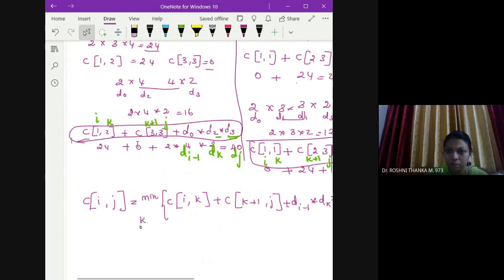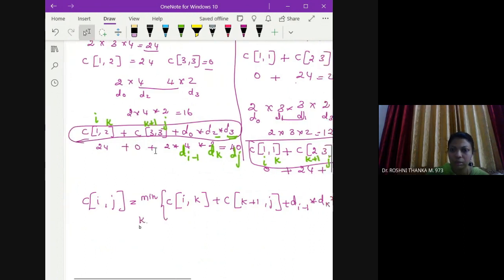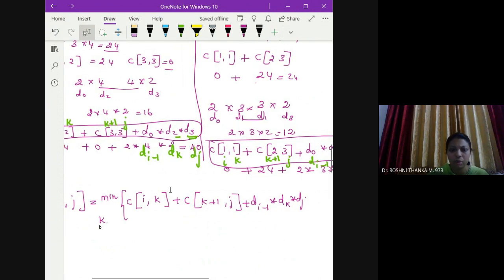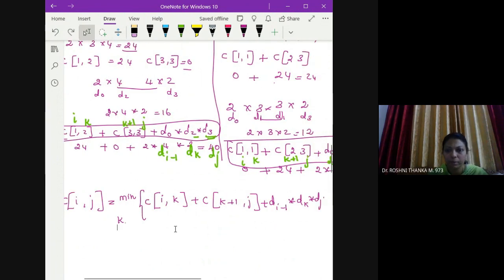So here you can see k value will be greater than or equal to I and k value should be less than j. So this k value will always be greater than or equal to I and less than j. This is how the k value will be ranging.